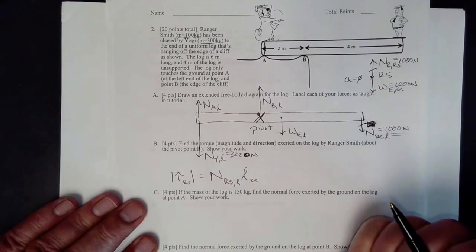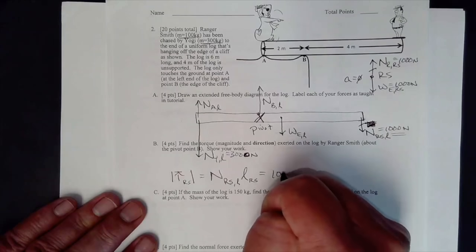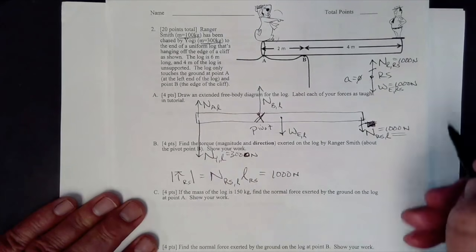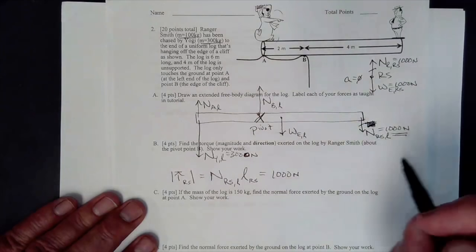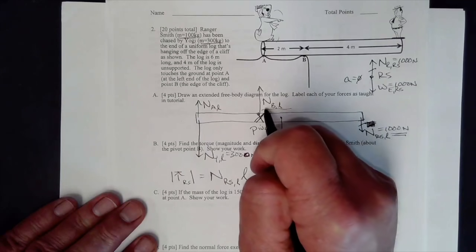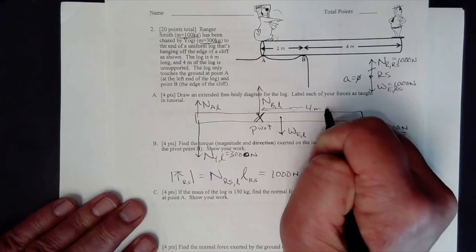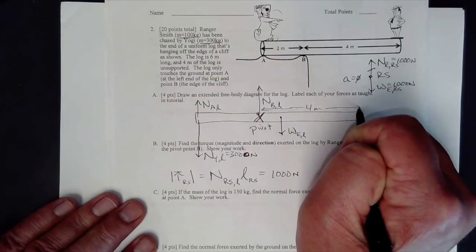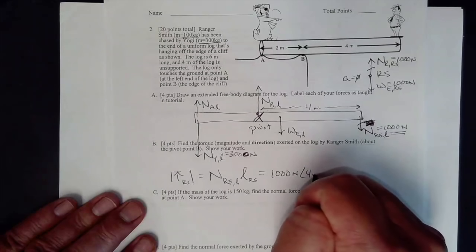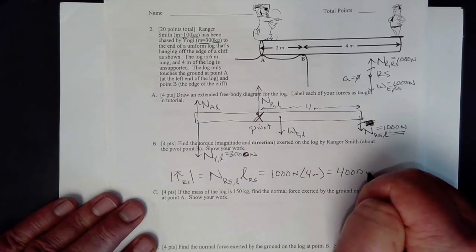Okay, well, that to be 1,000 newtons. That's what we have here. And then the distance from the pivot to where that force is applied. Okay. So that's going to give me 4,000 meter newtons.